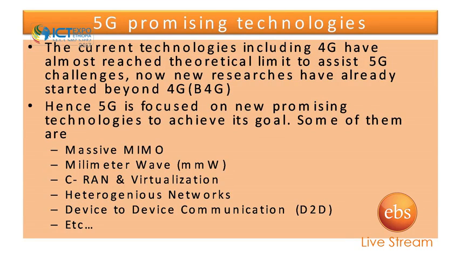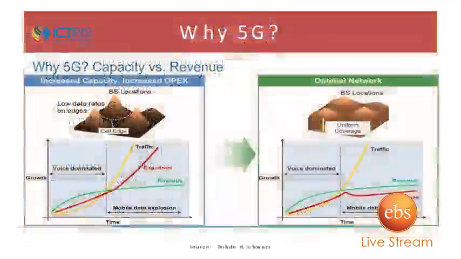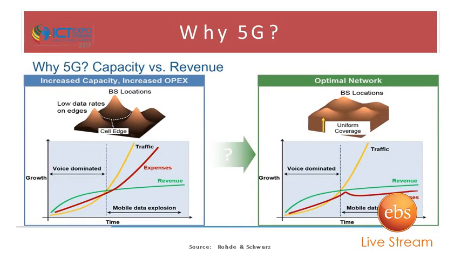Why 5G, isn't it? Why do we need to take so much risk of talking and doing all these things? Why 5G? As I told you, if there is a limitation in the present technologies, only then do we look for a new one. So now, let us view 5G from the operator's perspective. Okay?